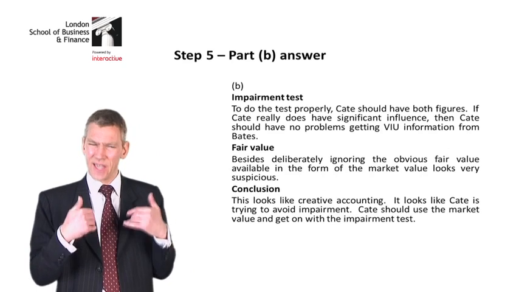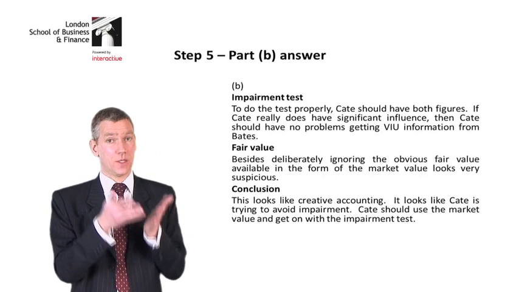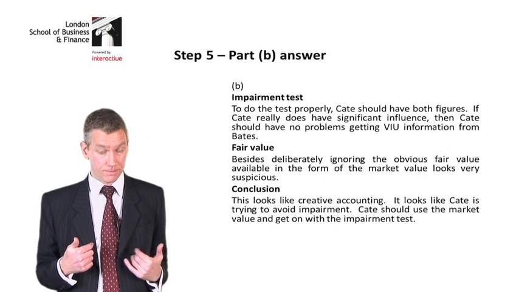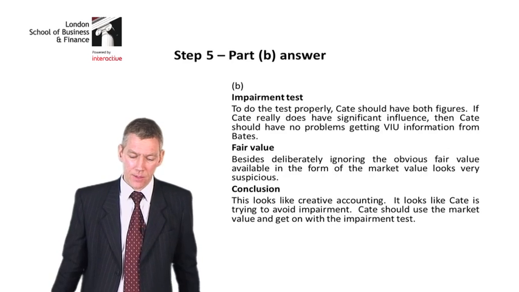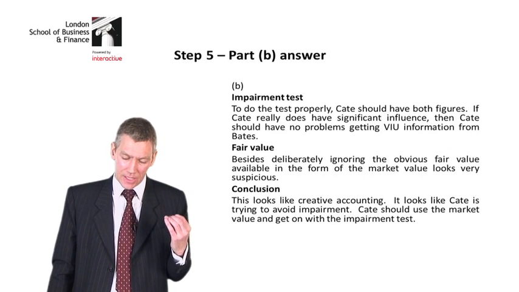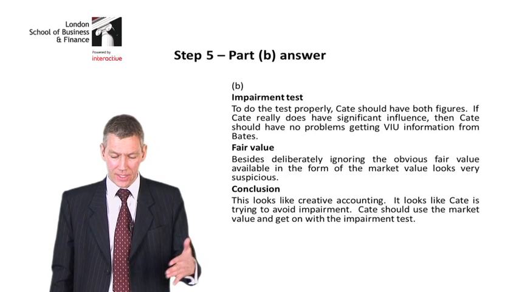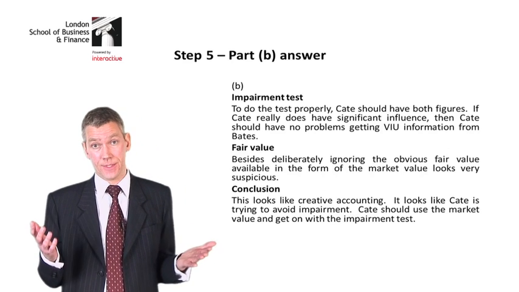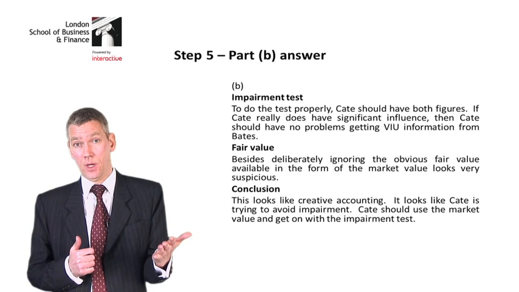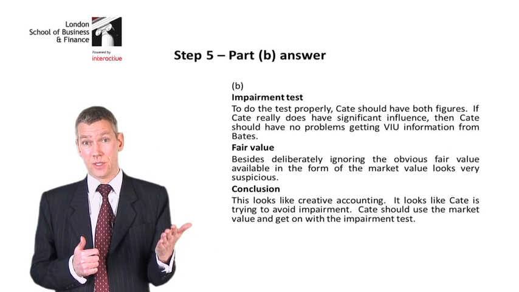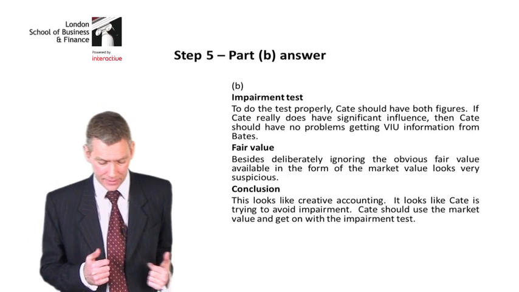But Kate does have the influence, so they should use it to get the information. Fair value, besides deliberately ignoring the obvious fair value available in the form of the market value, looks very suspicious. It's true, isn't it? Ignoring the fair value when you're measuring fair value looks suspicious, crazy in fact.